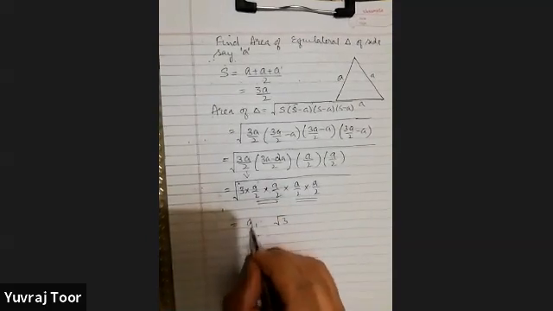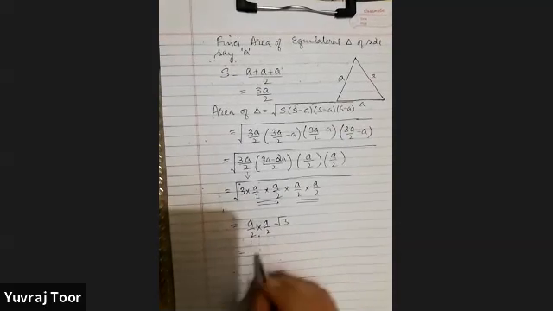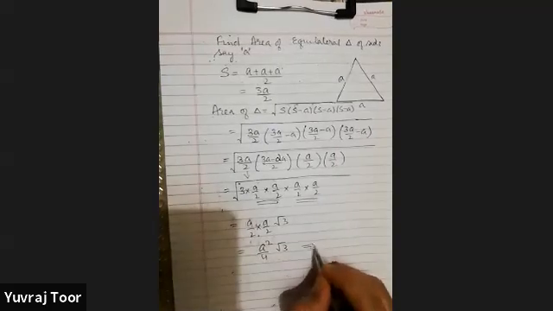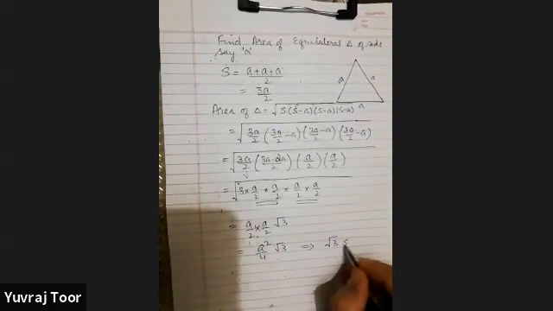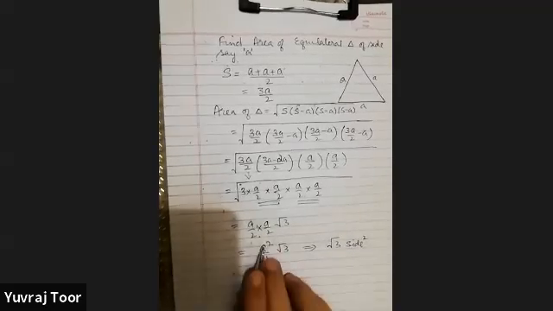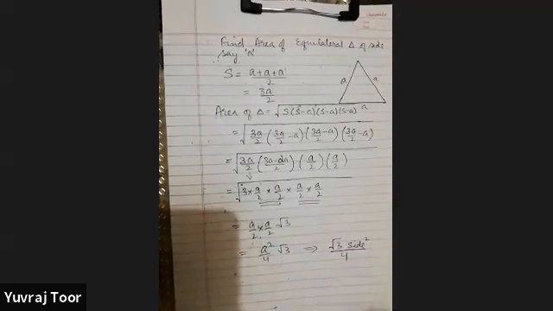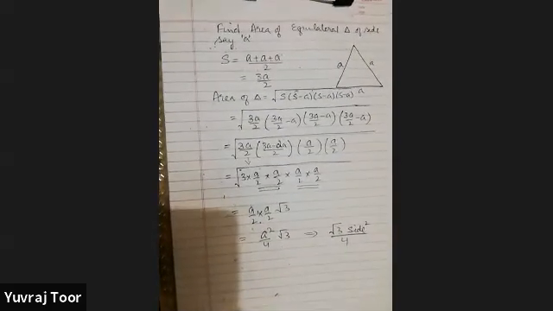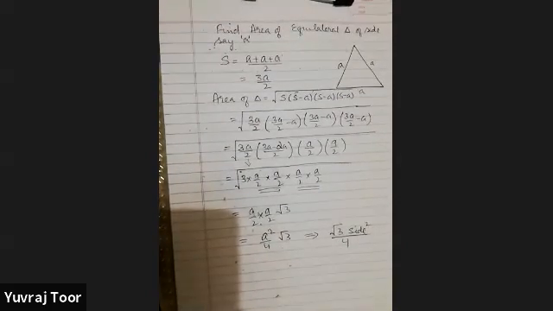A by 2 comes once and A by 2 comes twice, and the answer is A square by 4 root 3, which is generally read as root 3 times side square upon 4, because A was the side of the equilateral triangle. So you have to remember this formula. Although we have Heron's formula, we have to remember this standard result.